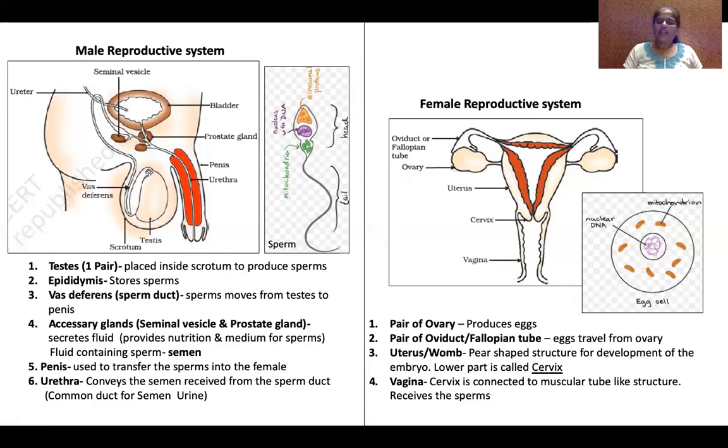And at the end, that disintegrated egg, as well as the lining of the uterus which was prepared for the egg, starts shedding.